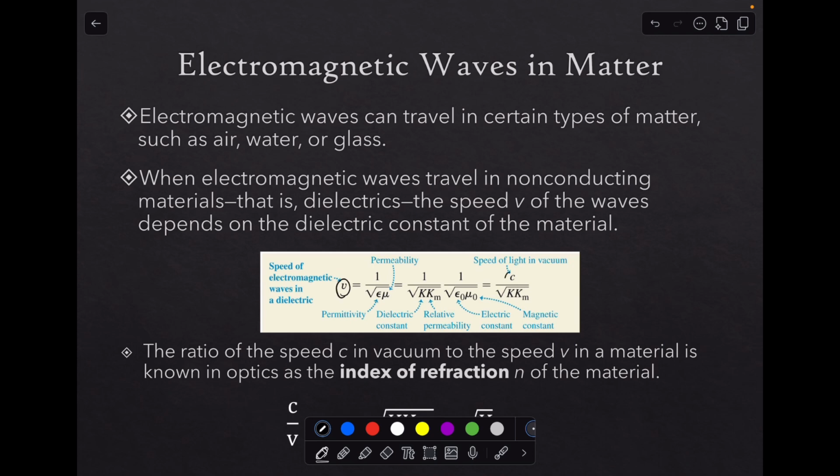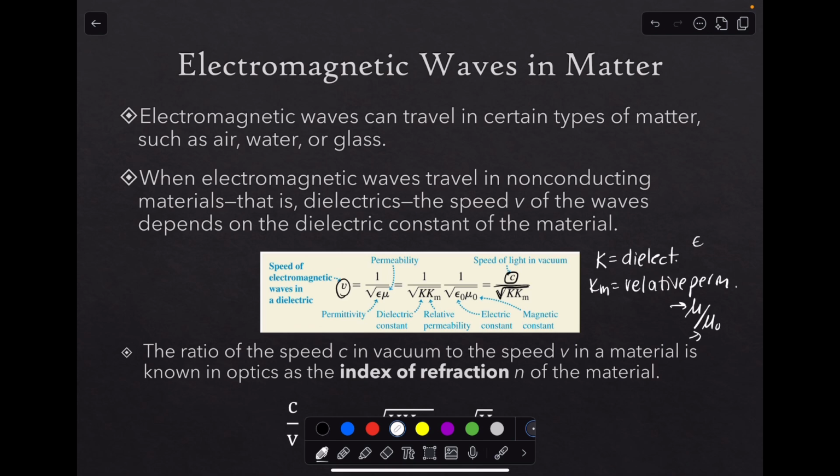So the speed of light divided by these two constants, k and km, which are the dielectric constant, you may remember, k is the dielectric constant, and km is just the relative permeability, and they're just the ratio of the permeability to the permeability in vacuum, and vice versa.